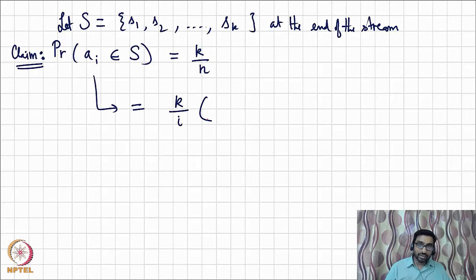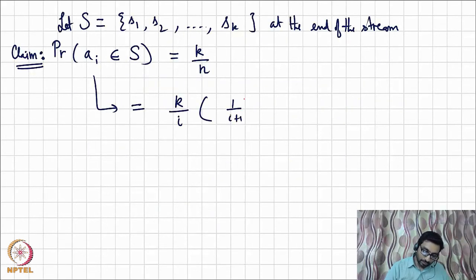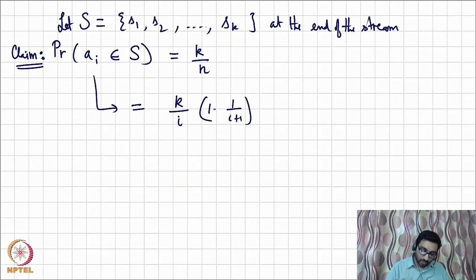The i plus 1th item should not have fallen in that particular location. Well, the i plus 1th item falls in that particular location with probability 1 over i plus 1. So it does not fall in that location with probability 1 minus 1 over i plus 1.